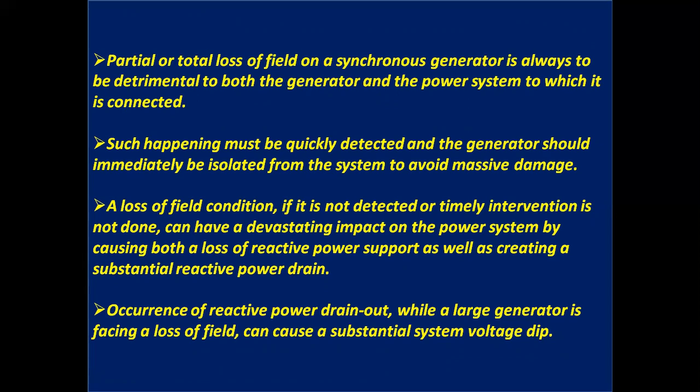A loss of field condition, if it is not detected or timely intervention is not done, can have a devastating impact on the power system by causing both a loss of reactive power support as well as creating a substantial reactive power drain. Reactive power drain while a large generator is facing a loss of field can cause a substantial system voltage dip.